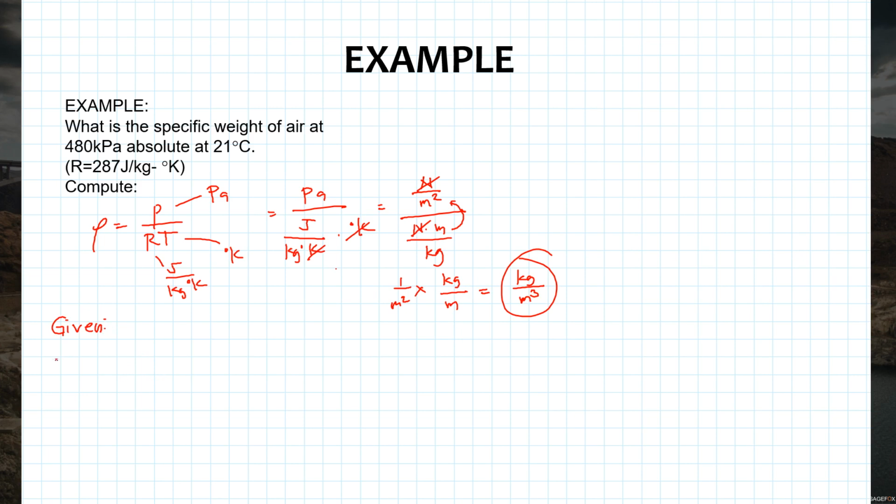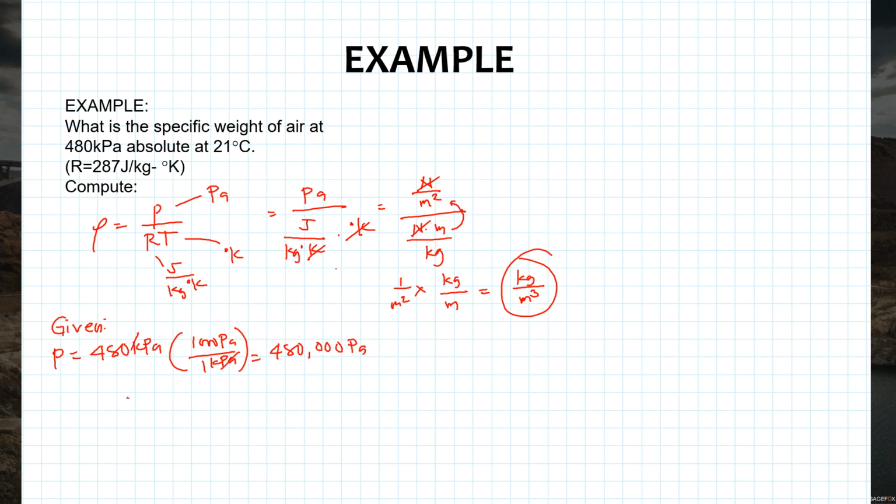Starting from the pressure, we have a pressure of 480 kilopascal. So we convert it into Pascal because this is in kilopascal. The conversion factor is just 1000 Pascal equivalent to 1 kilopascal. So multiply by 1000, this is 480,000 Pascal.